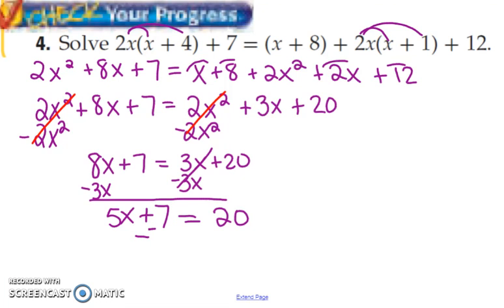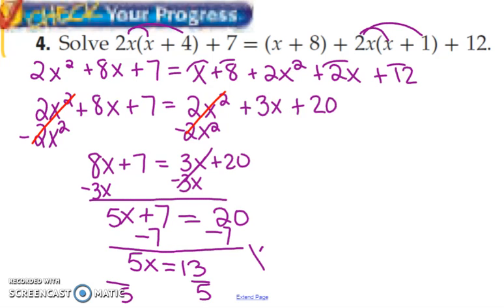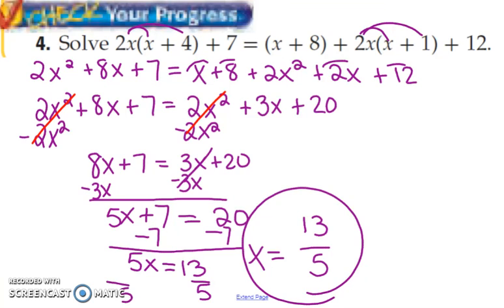I'm going to subtract 7. So 5x equals 13. Divide by 5. x equals a very pretty answer of 13 over 5. So how'd you do?